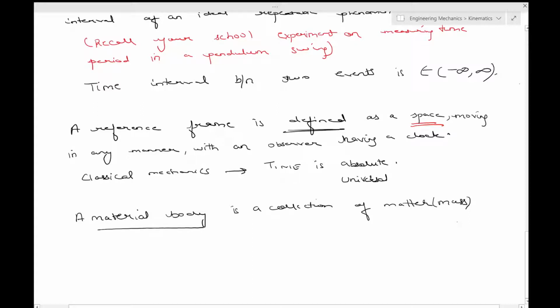The mass we have already defined as a primitive before. Please go back and check if you have forgotten how we had defined the mass as a primitive. A material body is a collection of matter whose each point is called a material point.